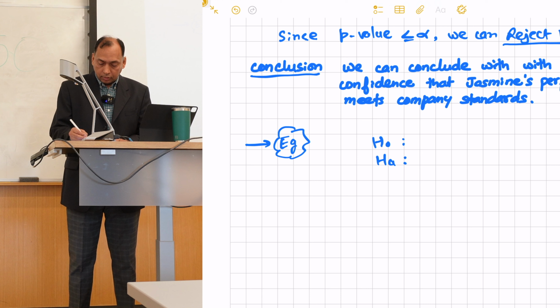We want to use this data to test whether business statistics students at UMass Dartmouth walk more than 8,000 steps each day. So that's what we want to test.